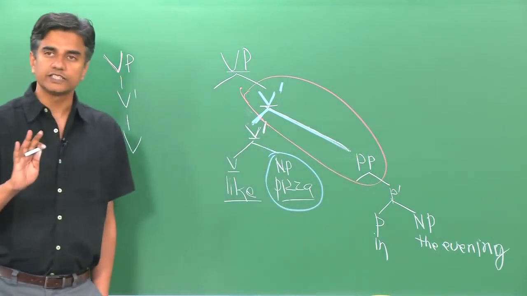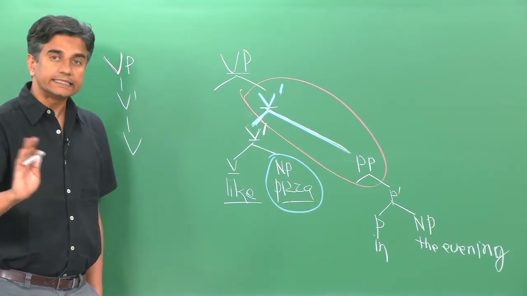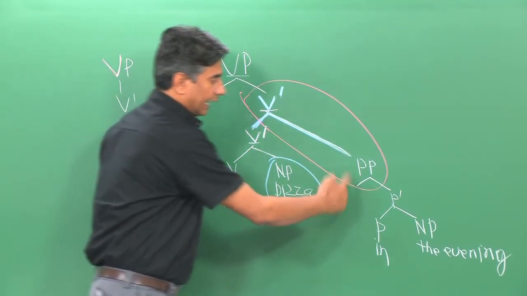The first thing that we see is the relative distance between this NP and this whole PP.